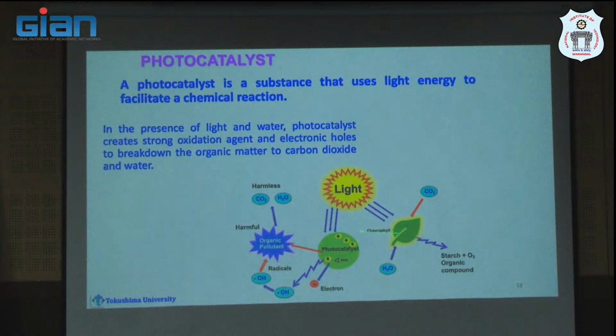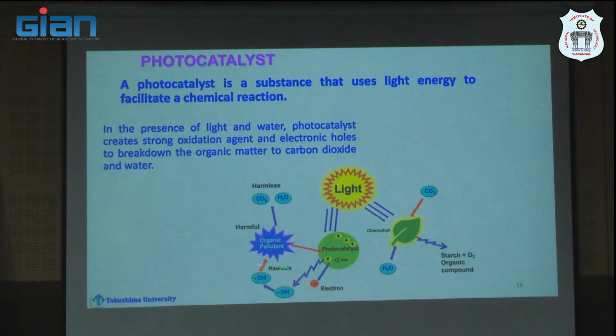When photosynthesis occurs, oxygen is created. When photocatalysis occurs with the help of light, what happens? You can create certain radicals, OH radical, or electrons.